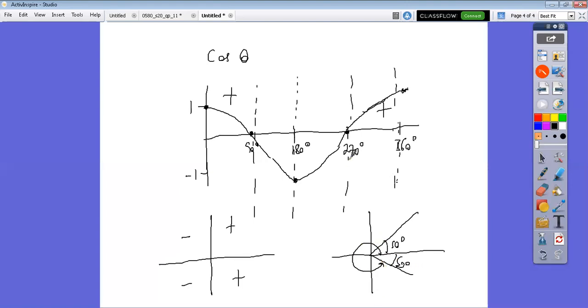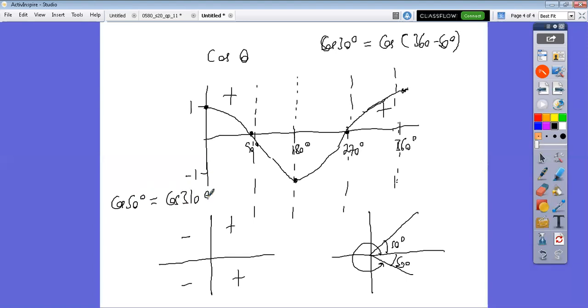So cos 50 degrees is the same as cos of 360 minus 50, which is 310. So cos 50 degrees is equal to cos 310.